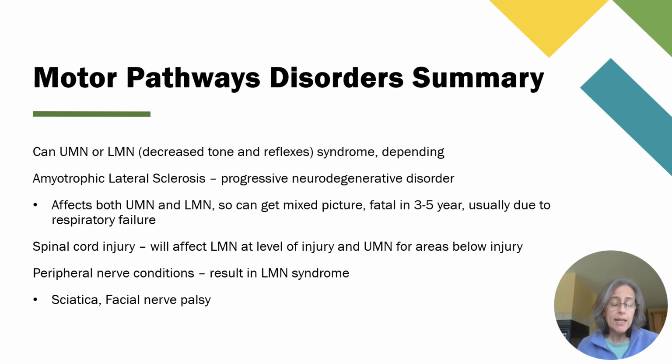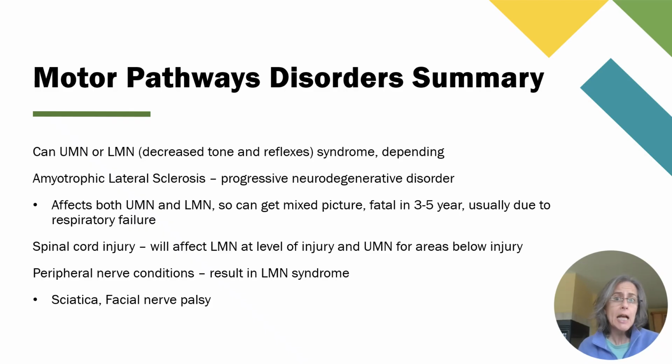Spinal cord injuries will also affect both upper and lower motor neurons. So at the level of the injury in the ventral horn of the spinal cord, that's where the cell body of the lower motor neurons are. So at that level, it's a lower motor neuron syndrome. But below there, we've basically cut off the axons that were coming down from the upper motor neurons. So from that level below, it's an upper motor neuron syndrome.